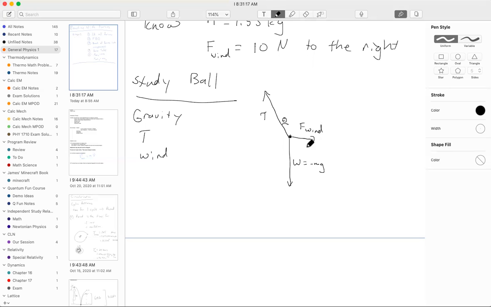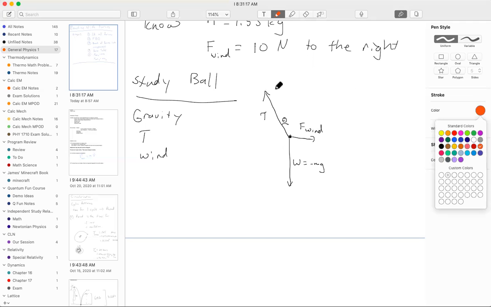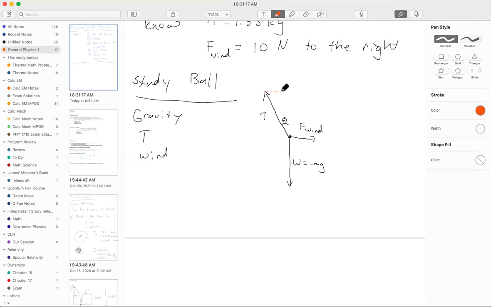The wind force and weight are kind of nicely aligned with coordinate axes. So we'll just work with X and Y, as vertical and horizontal. And the only thing I have to worry about in terms of trigonometry is the tension. So what I can do is break the tension force into a horizontal component and a vertical component.